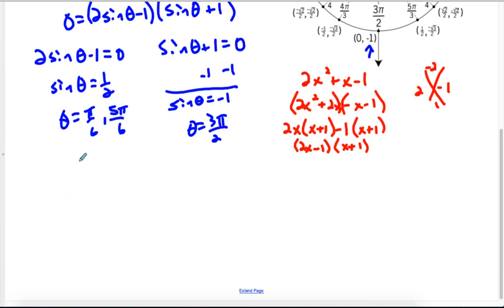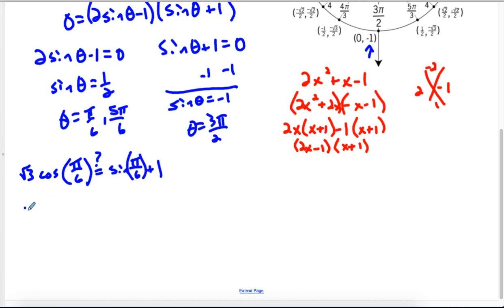So if we start with pi over 6, we would have the square root of 3 times the cosine of pi over 6, and we want to check to see if that is equal to the sine of pi over 6 plus 1.